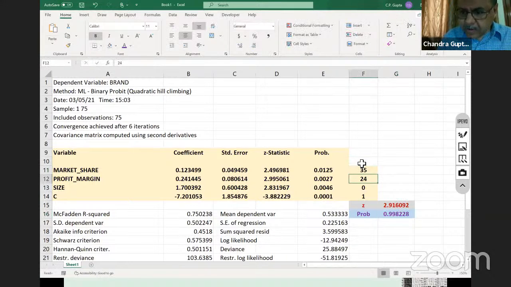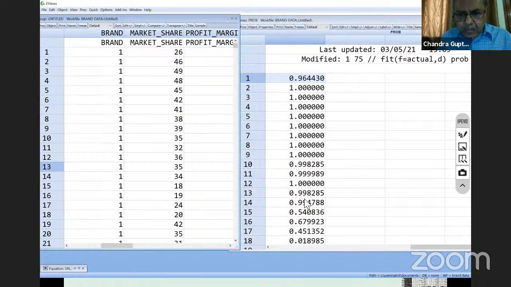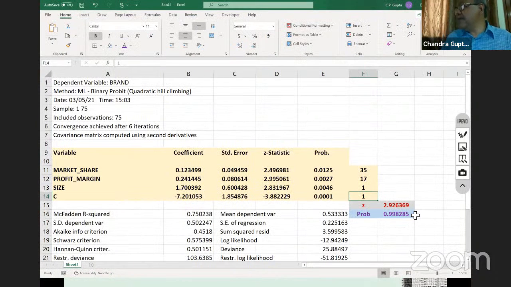The probability is 0.998285. So that's how you can get the probability from the probit model.